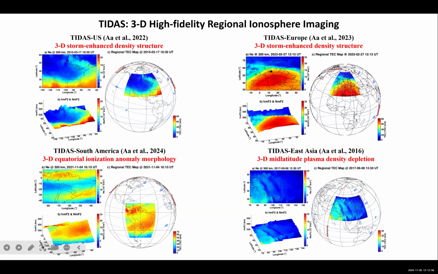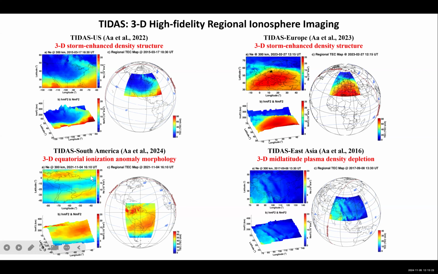And this is the total electron content. So we can see this plume-like, channel-like structure with electron density enhancement. That's the SED plume. We can also see it in the European regions. So these regions are characterized by subaurora mid-latitude electron density gradient structures like the SED plume.